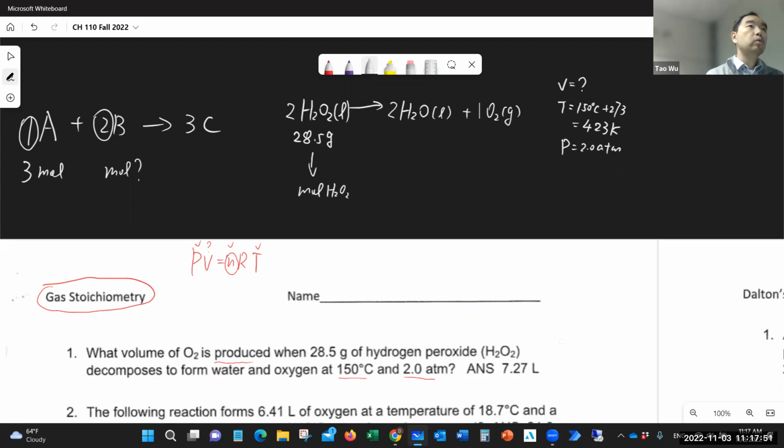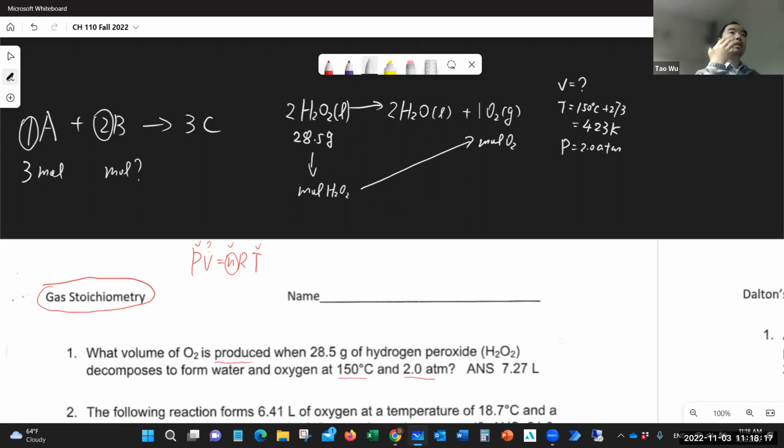Based on the moles of hydrogen peroxide and the 2-to-1 ratio, you should be able to figure out the moles of the oxygen, right? So based on the stoichiometry, figure out the moles of oxygen, and the moles of oxygen will be used in the ideal gas law, and then you can figure out the volume of the gases. That makes sense, right? So this is one way.